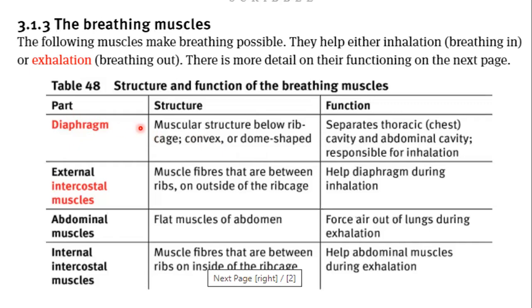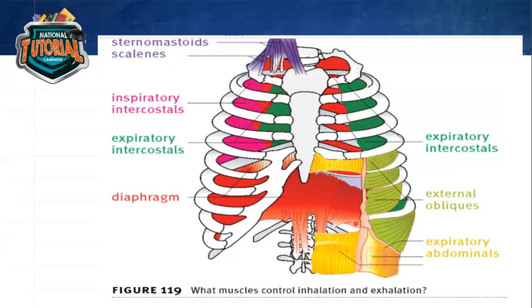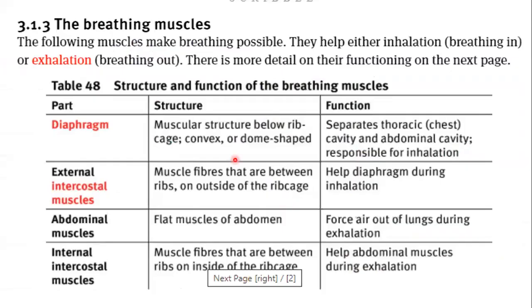So the structure of the diaphragm, here, this one in red. You see the diaphragm? It's a muscular structure below the rib cage, convex or dome-shaped. What is the function of the diaphragm?